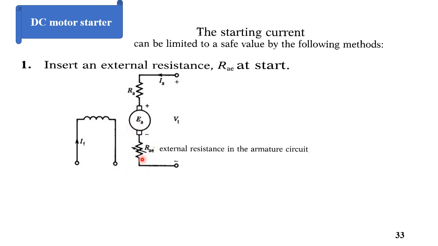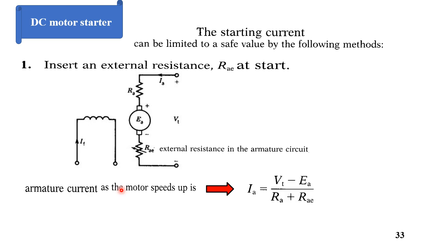We have this resistance at a high value at starting to reduce the armature current, and then we reduce it until we reach the value of zero to diminish this resistance and let the motor take the required current. At speed up, we have IA equals V terminal minus EA divided by RA, which is armature resistance, plus R armature external, which is the external resistance added to the armature circuit.